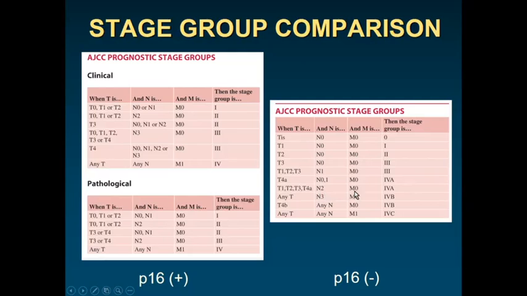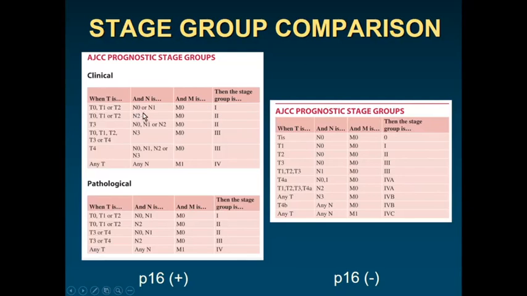And if you're N2 disease, you're automatically stage 4, regardless of the T stage. But notice how different this is for P16 positive cancers. Now, you can have variable T stage up to T2, and the N0 and N1s are still stage 1.